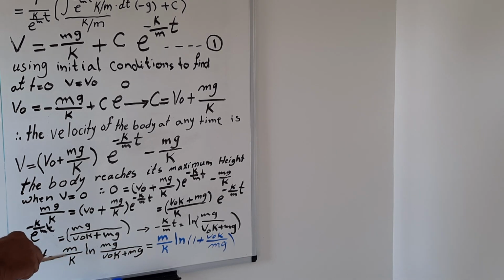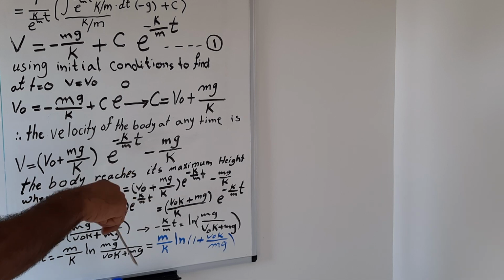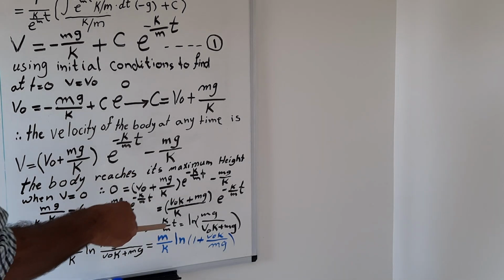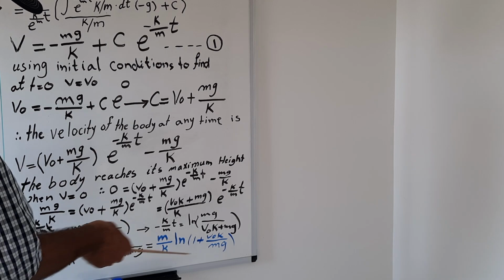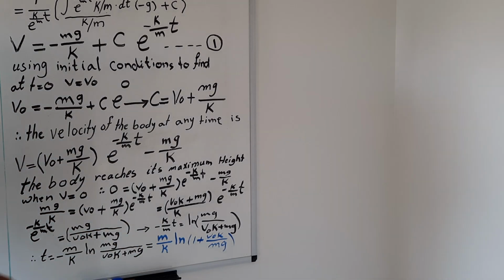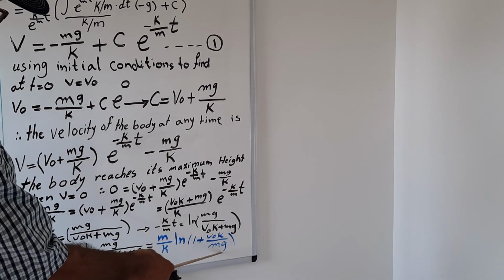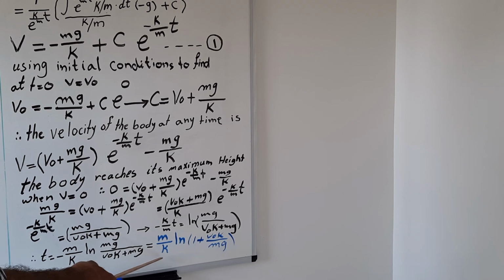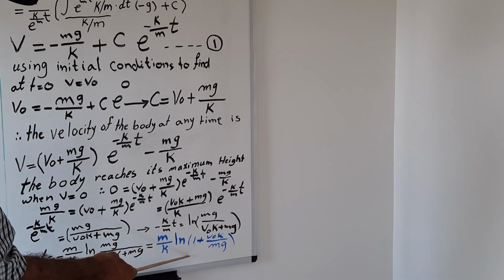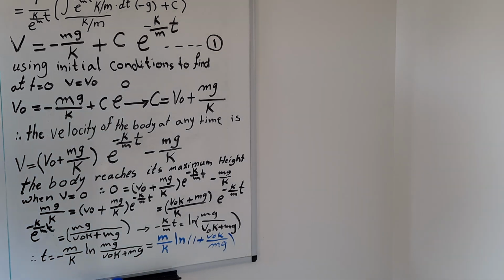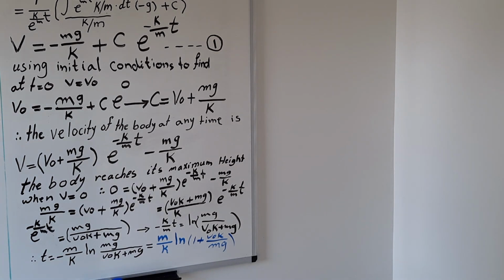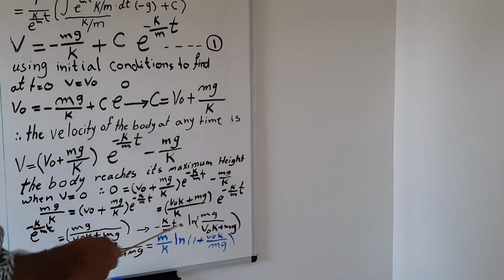We just take the minus sign of the ln to the other side, we put it here, and with just a few steps of solution, we find this is our value of t, the time, which gives us the velocity at any time.